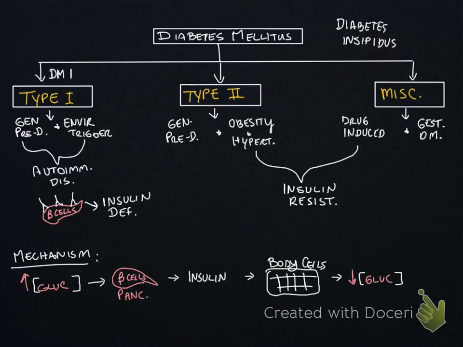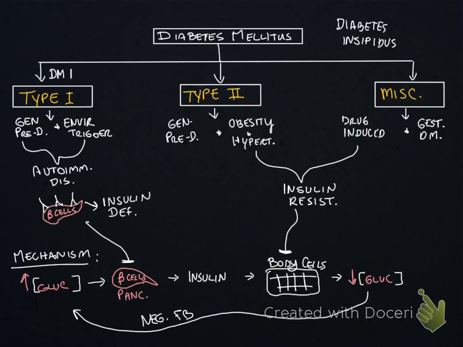Now, where type 1 comes in is here. And type 2 and the miscellaneous, here. Does that make sense? So typically when this is working normally, this is a negative feedback mechanism.